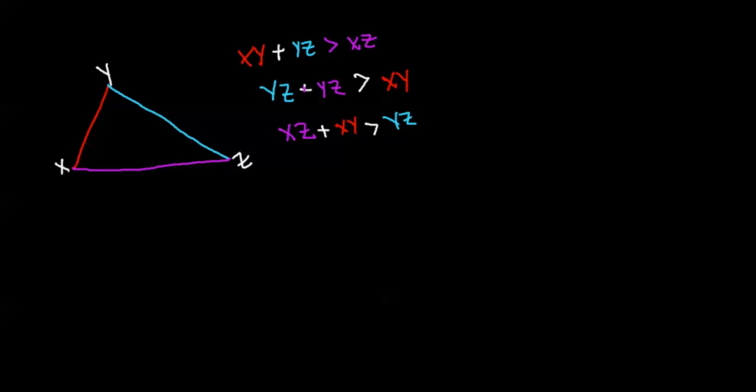Now we're going to look at another theorem, theorem 5.12. The theorem is called the triangle inequality theorem. The theorem states the sum of the lengths of any two sides of a triangle is greater than the length of the third side. So here in our triangle, you can see that we have three sides, XY, YZ, and XZ. So basically, if we add XY plus YZ, that has to be greater than XZ.